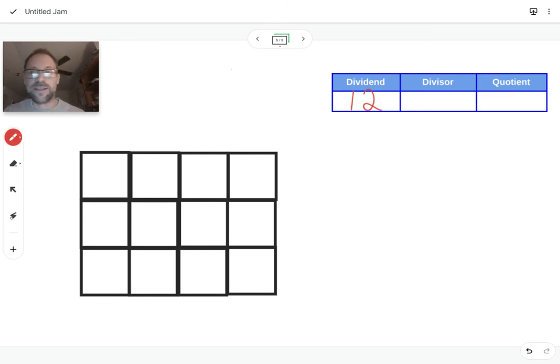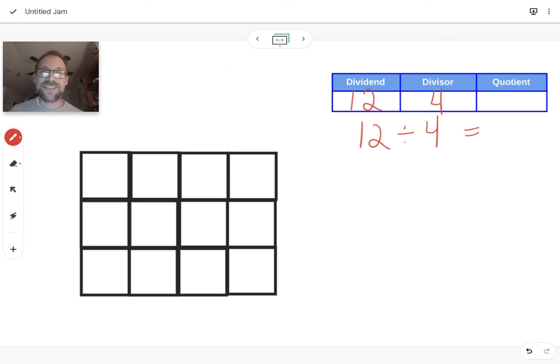Well, let's try that. Let's make our divisor 4. So right now we have an expression that says 12 divided by 4 equals something. Okay? Go ahead and figure out a way to divide this amount 12 into 4 equal groups. I'll meet you back here on the other side and we'll compare our answers.